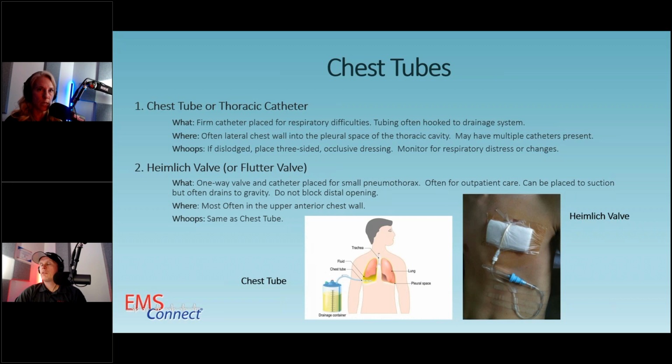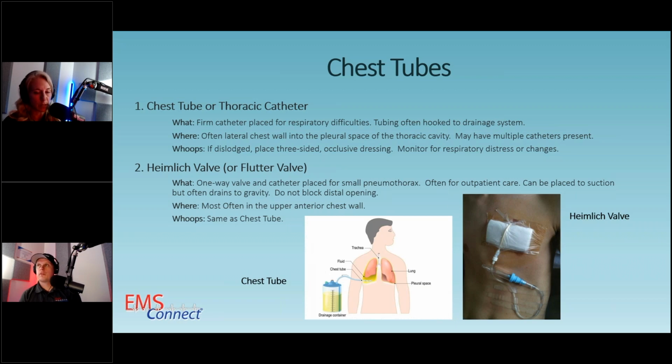So there's a couple of different practices and research being done. I think the trend is still the typical good old open chest wound concept, where you do a three-sided dressing and go with whatever your medical director has trained you with. But if the tube's dislodged, monitor their respiratory status, and that's it.